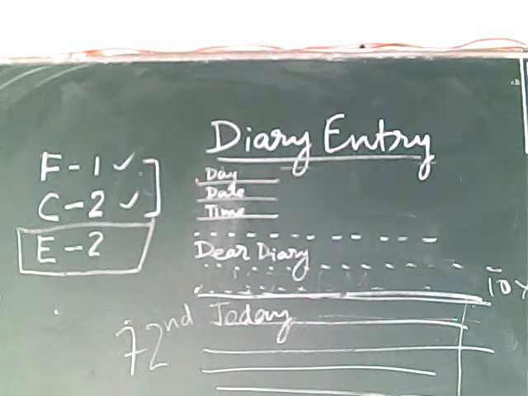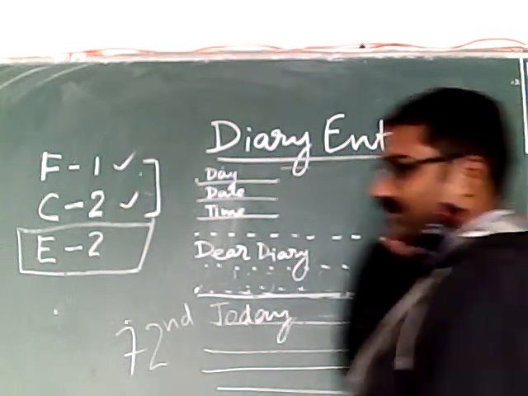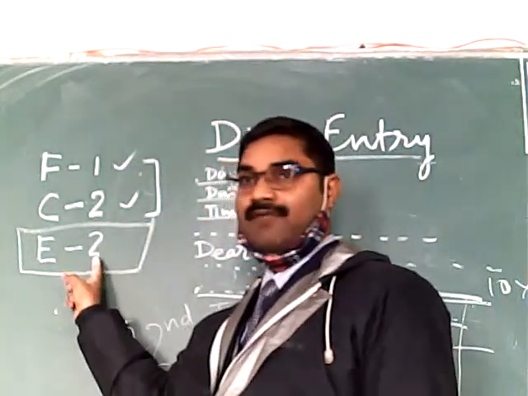I was very happy. If you are writing about today, you will say I am. If you are talking about yesterday, you will say I was. Mind it. Mind the tenses. Okay. Because here you have to be careful about expression.